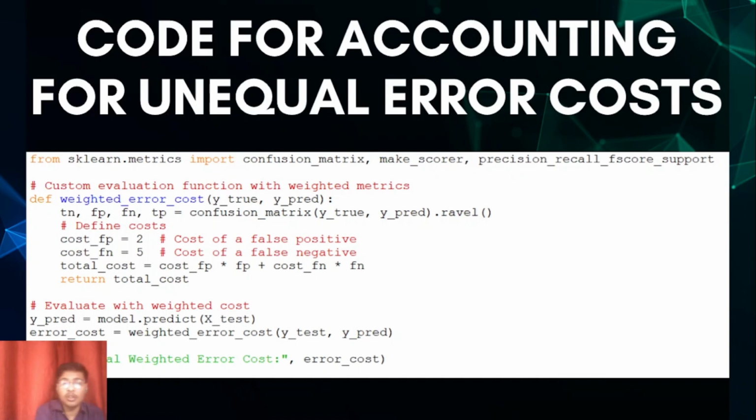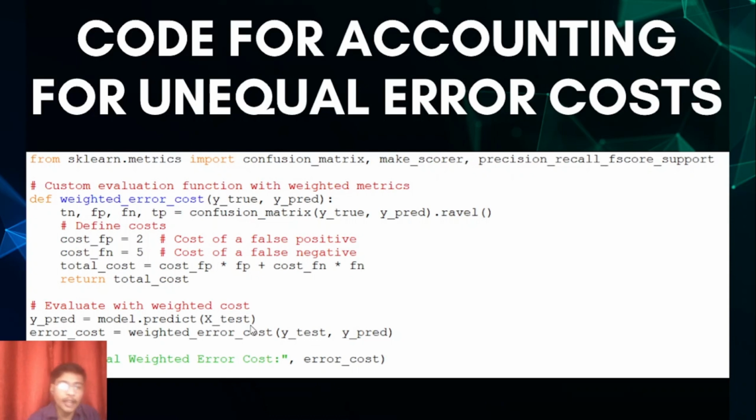Here we use the confusion matrix for getting the error cost. We create a model, where y_pred is the predicted y value, and we get the weighted error cost from y_test and y_pred. Here we get the values of true negative, true positive, false positive, and false negative.